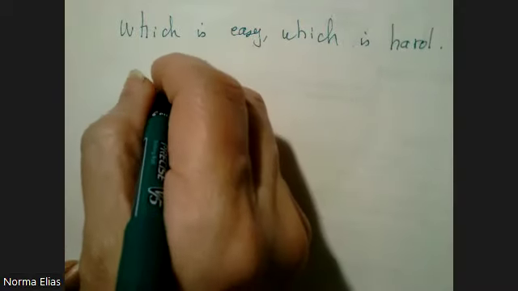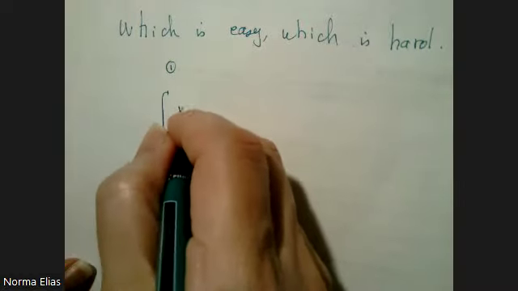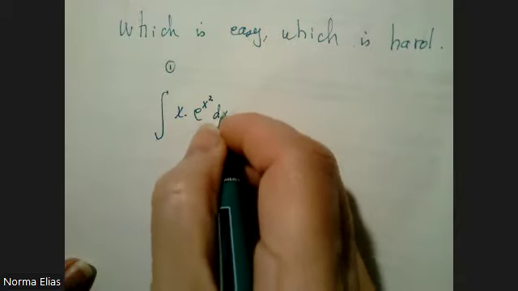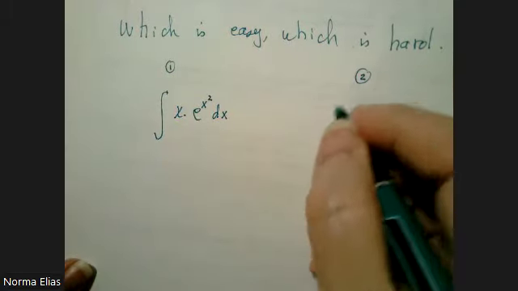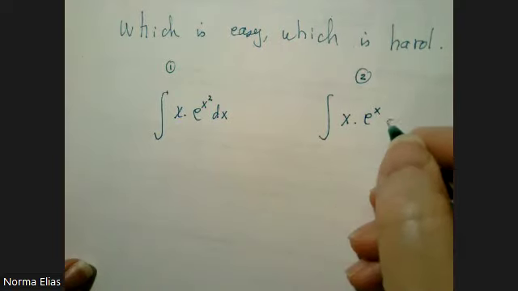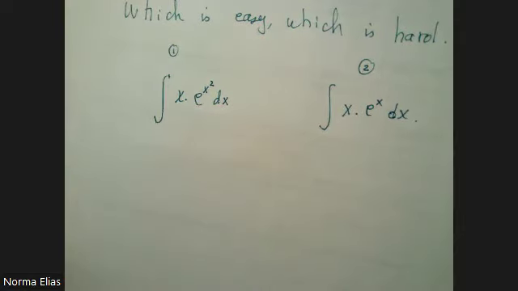Integral 1 is find the antiderivative of x, e to the x squared dx. Integral 2, x, e to the x dx. Quickly, which is easy, which is hard, or at least you don't know it yet.